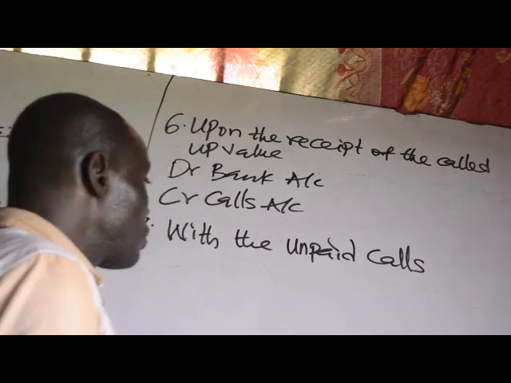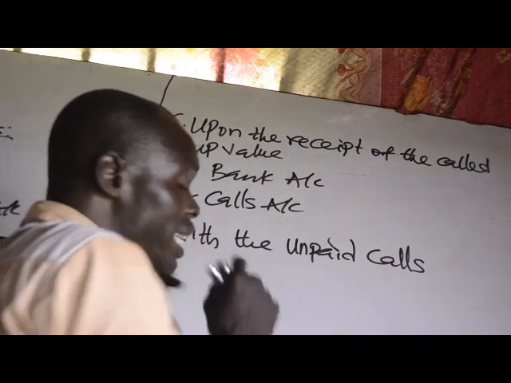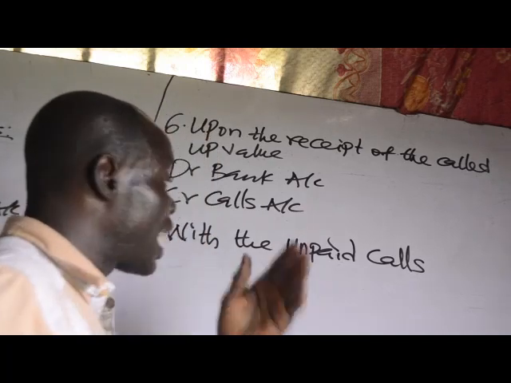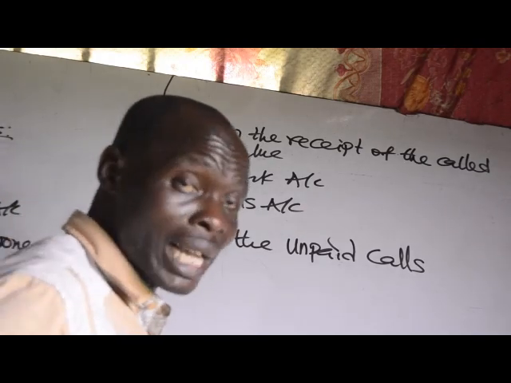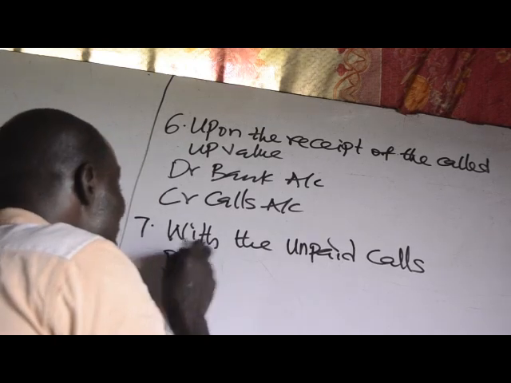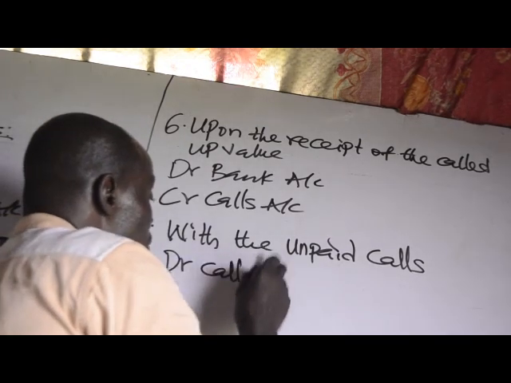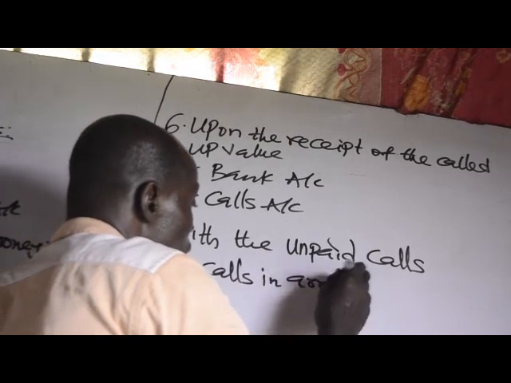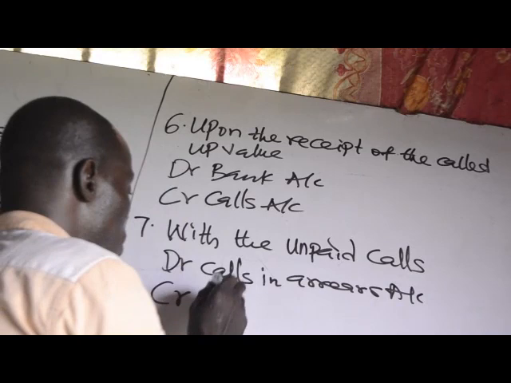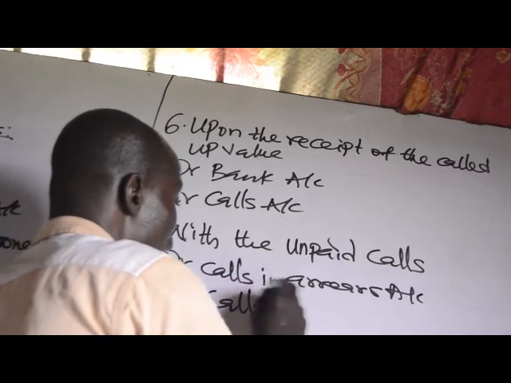So in that case, I've told you that calls in arrears account will be created. I've told you that calls in arrears is an asset. And being an asset account, an asset must have a debit balance. So in that case, debit calls in arrears account and credit call account.